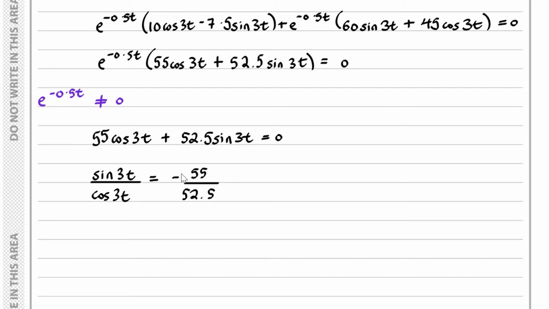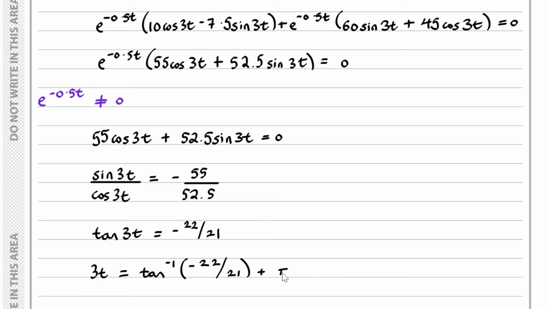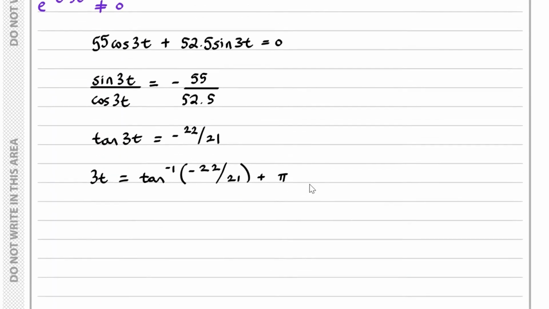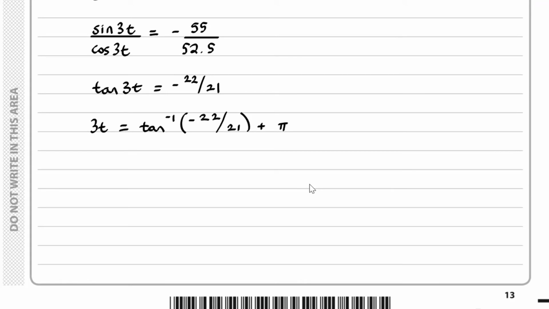So we have tan 3t equals minus 22 over 21. 3t is equal to the inverse tangent of minus 22 over 21, and then obviously we'd have to add on pi. So 3t, we can work out that value.